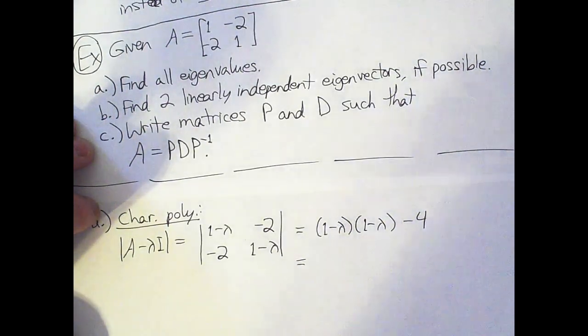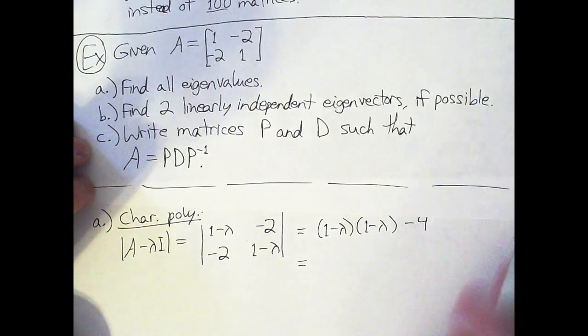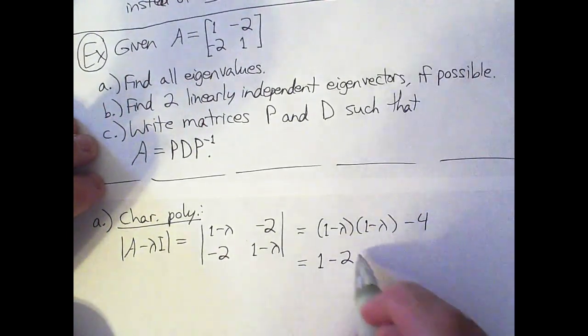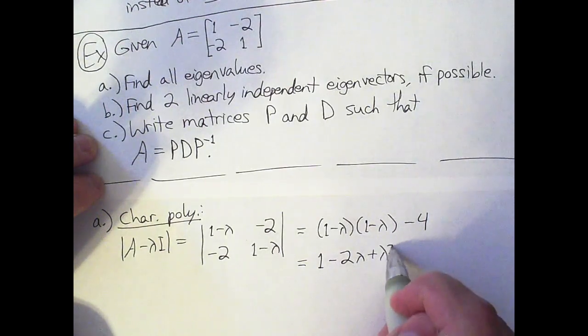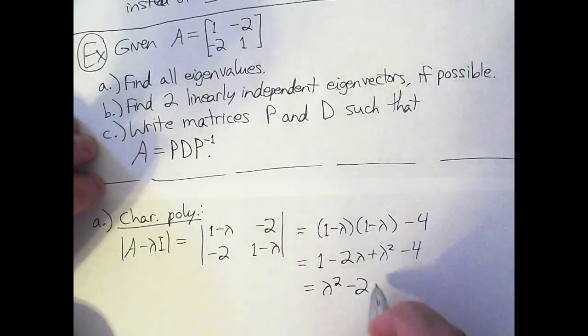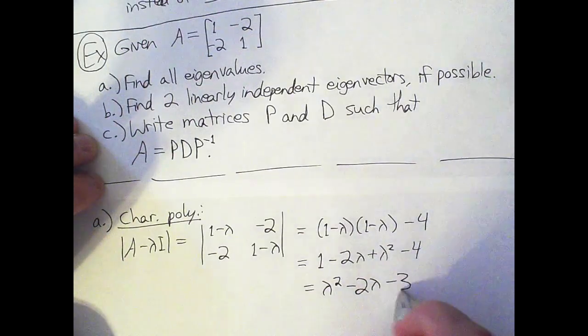I know that we're going to wind up setting this equal to 0, so I think it's best if we go ahead and expand this, and then combine the 1 and the minus 4. So we have lambda squared minus 2 lambda minus 3.